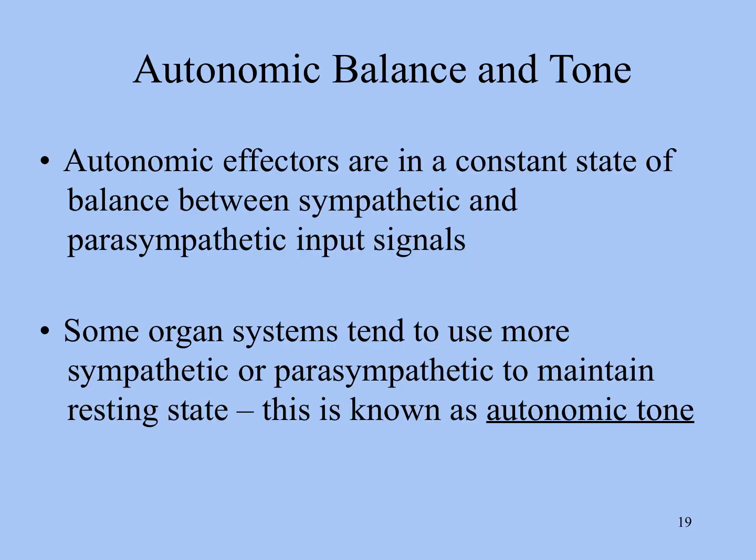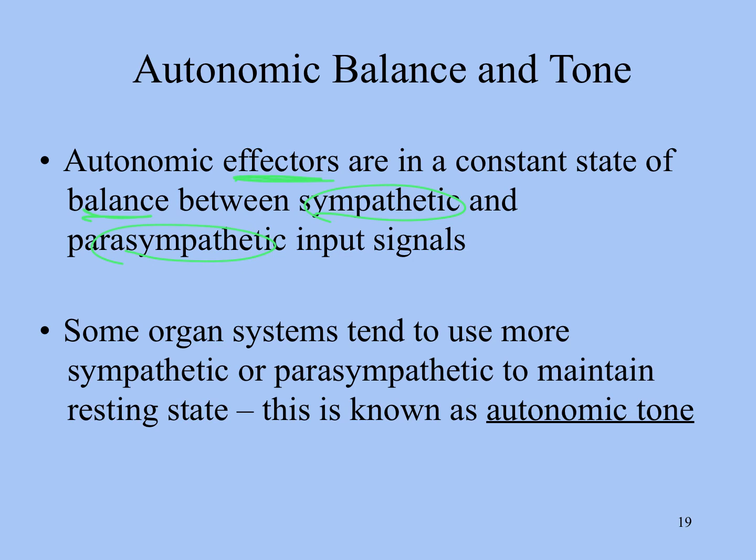So that suggests that all the effectors, the end organs of the autonomic nervous system, are in a constant balance between sympathetic signals and parasympathetic signals, and the neurotransmitters that are being dumped onto those end organs.